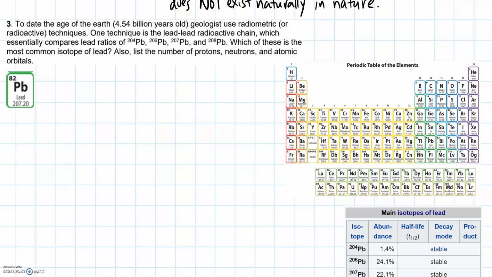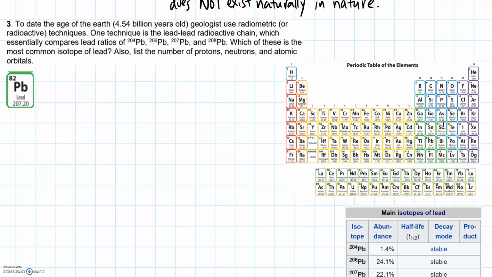So, looking at the atomic masses of 204, when we go to the periodic table, we have to look around those masses. So if you go in, you'll see that lead is on the 6th row here.